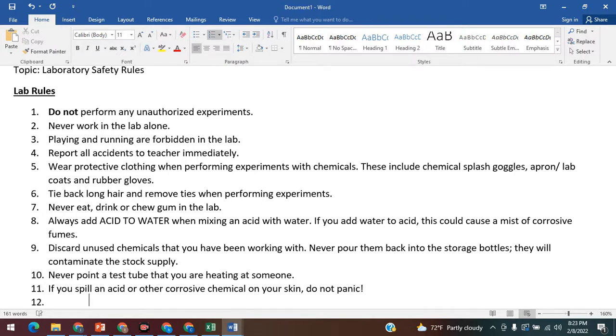All you need to do is wash it at once with large amounts of cold water. Right?